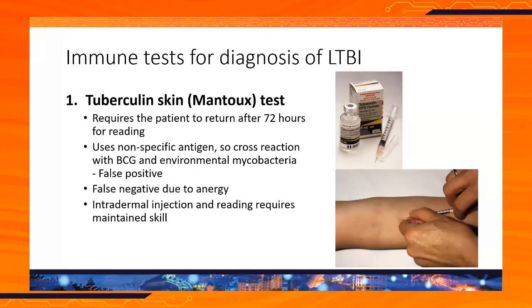Thirdly, we don't have any indication that the patient may be allergic, and if the patient is allergic or has no immune response, they can have a false negative reaction. And then finally, and possibly most importantly, it requires some skill, and it needs maintenance of that skill to give the intradermal injection and accurately read the result.